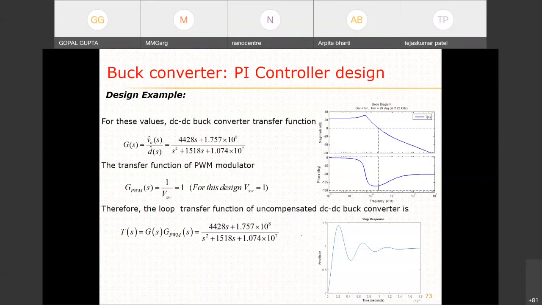Then load may vary between 11 to 22 ohm. And capacitors, switching frequency I have chosen, kilohertz.